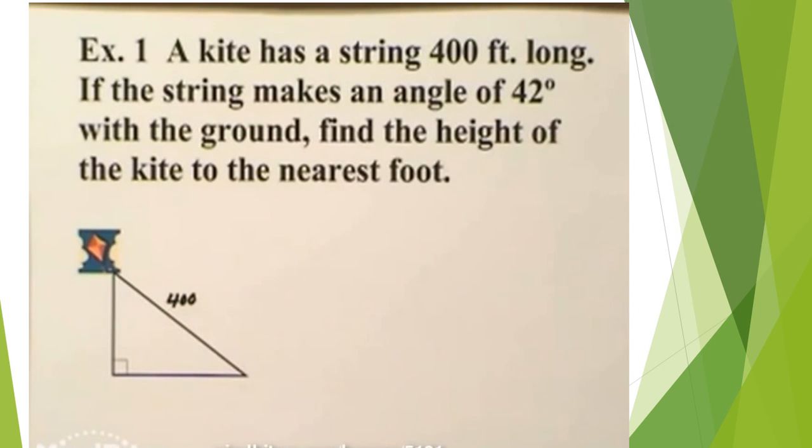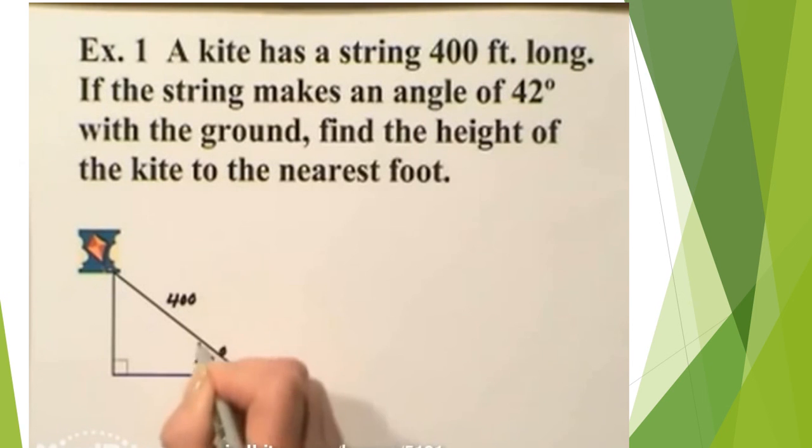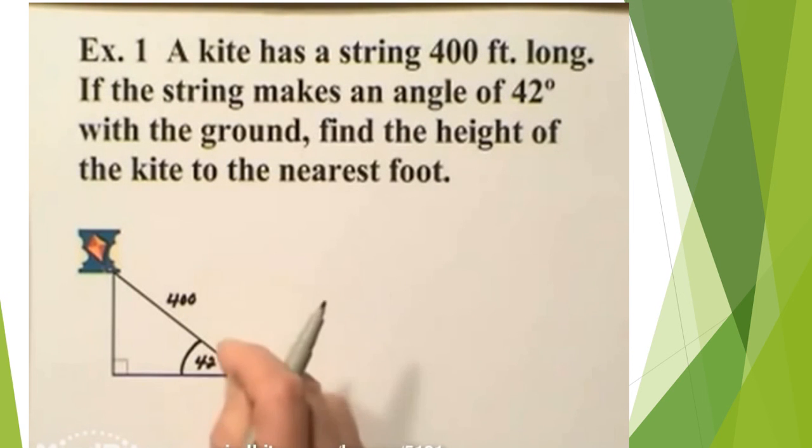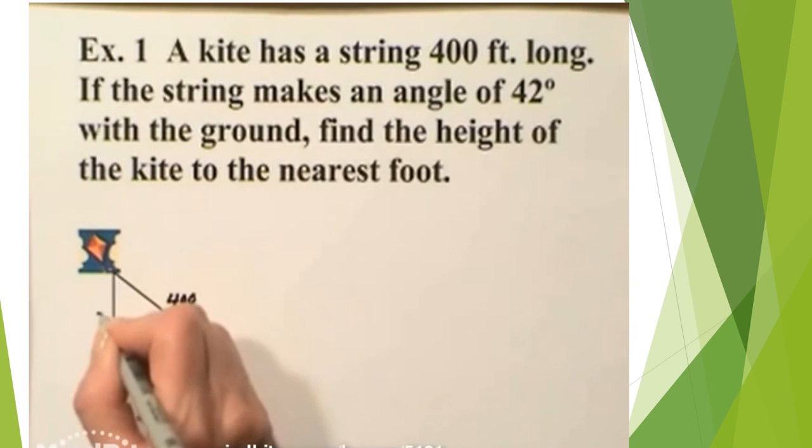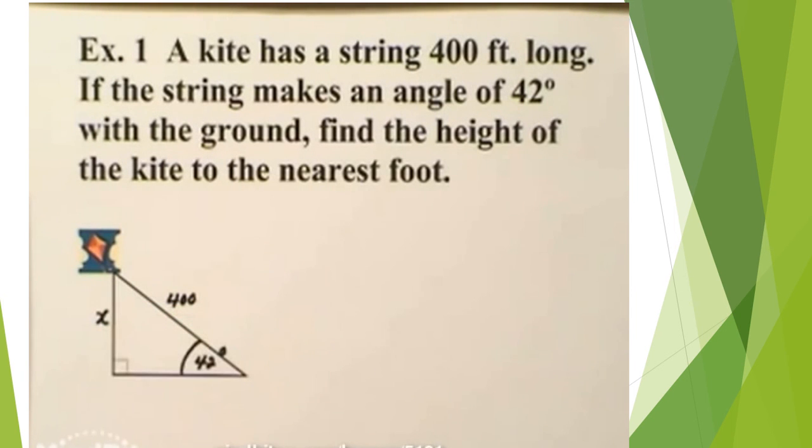The string makes an angle of 42 degrees with the ground. The 42 degrees is here, the angle between the string and the ground. The question asks to find the height of the kite to the nearest foot. So what I'm looking for is this side over here.